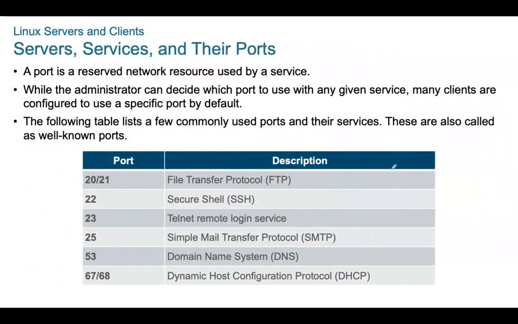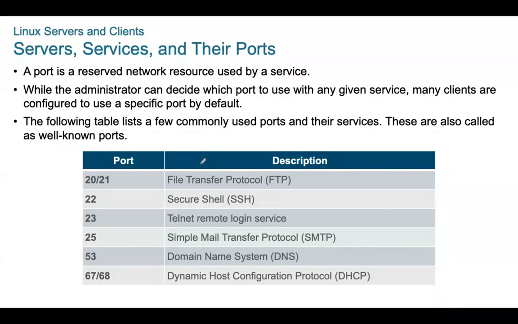So if you go into detail, what are the different services that servers can provide, and for those services what are the different ports used. In your computer networks course, you might have heard we have talked about the transport layer protocols.